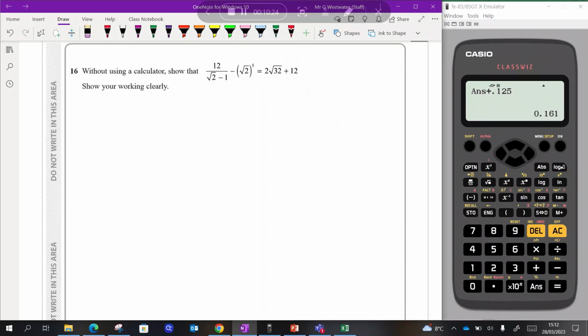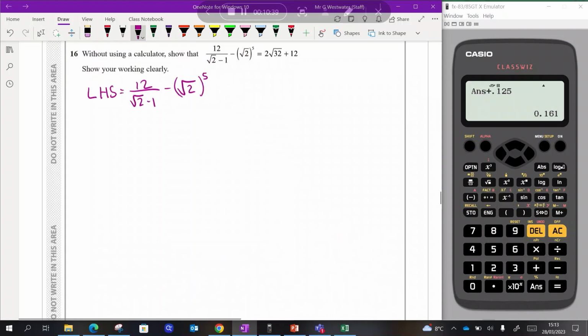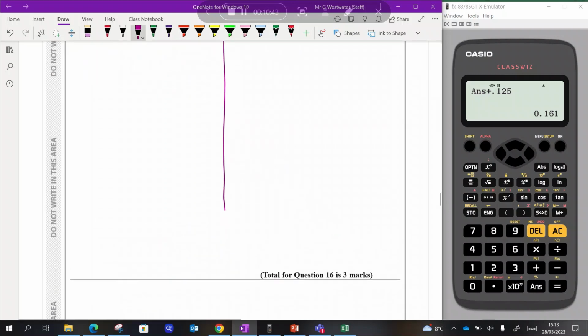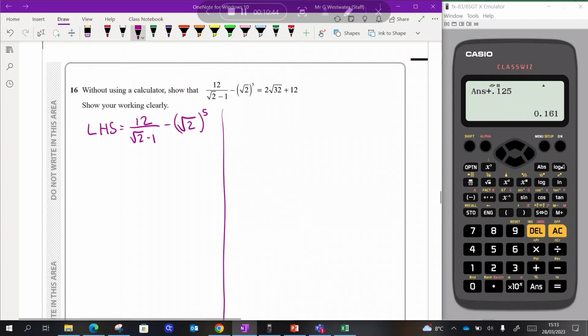Okay, so I'm starting off with the left hand side and saying that it equals 12 over root 2 minus 1 minus root 2 to the power of 5. If you're worried about the space here, remember, you can just draw a line down the middle to confine you to work in one column, and you can always go over to the right hand side afterwards.